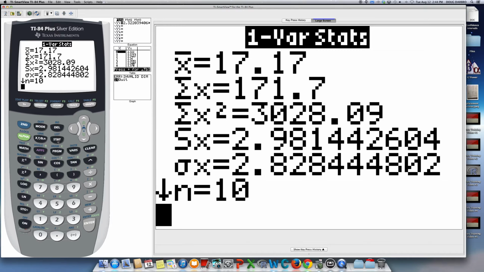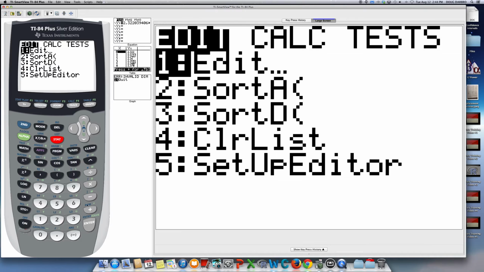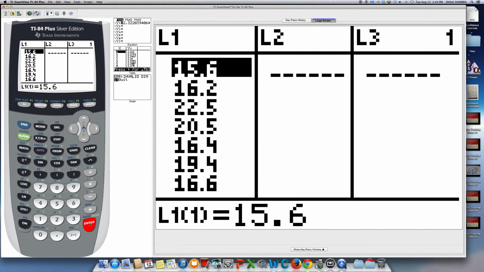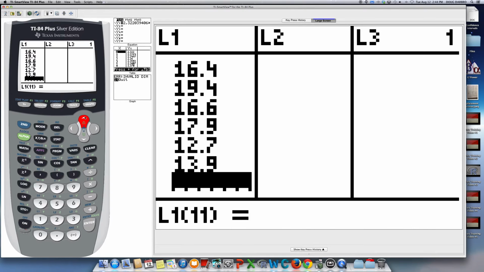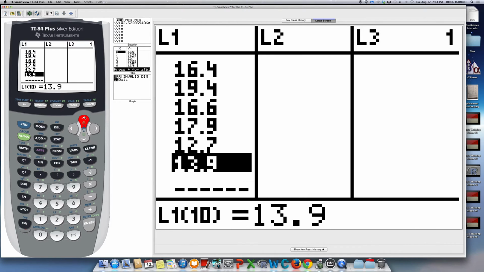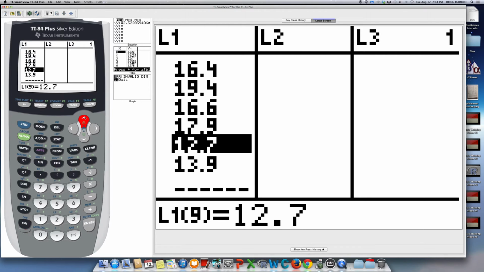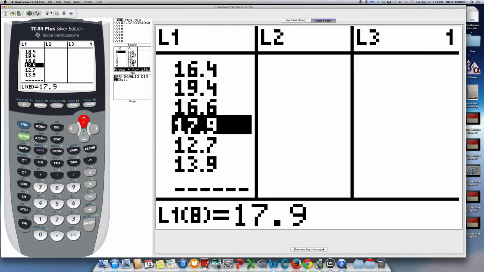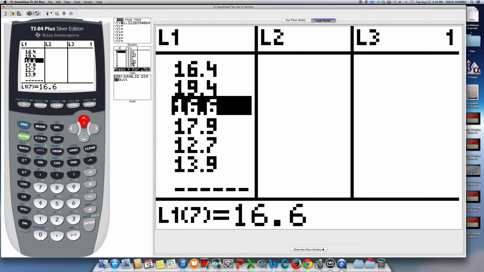That doesn't seem right. Huh. 13.9, 12.7. Huh. Okay, hold on, guys. I'm thinking that I have a typo.